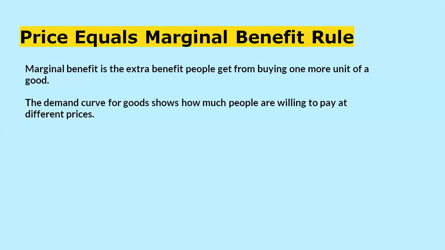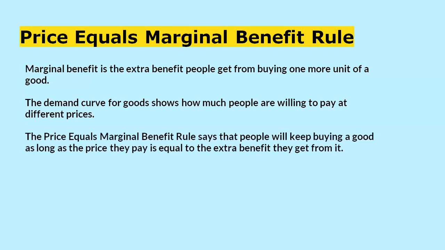The demand curve for goods shows how much people are willing to pay at different prices. The price equals marginal benefit rule says that people will keep buying a good as long as the price they pay is equal to the extra benefit they get from it.